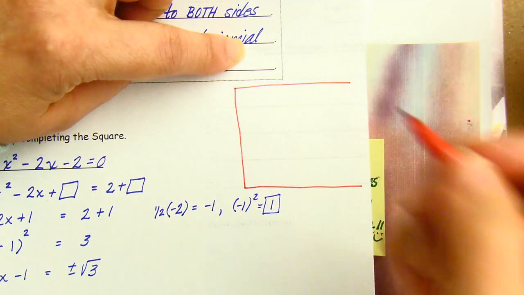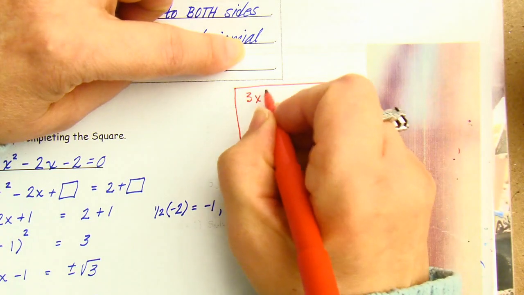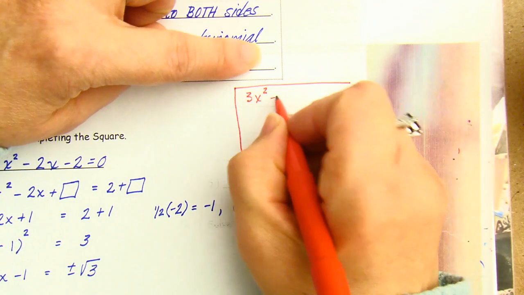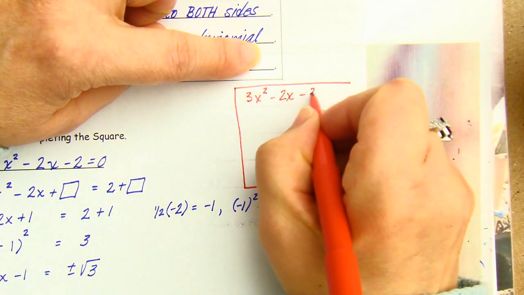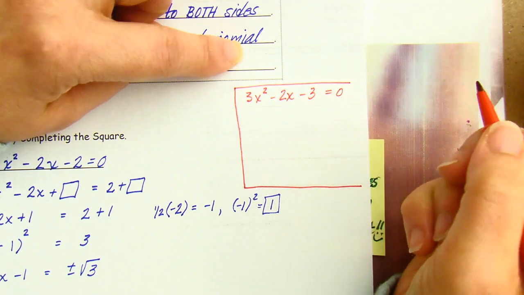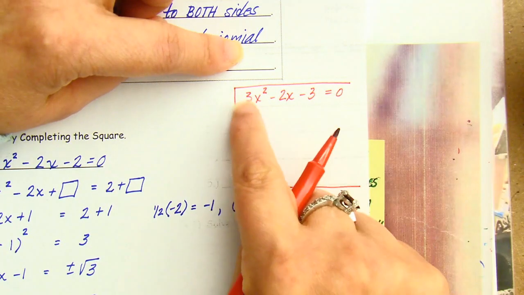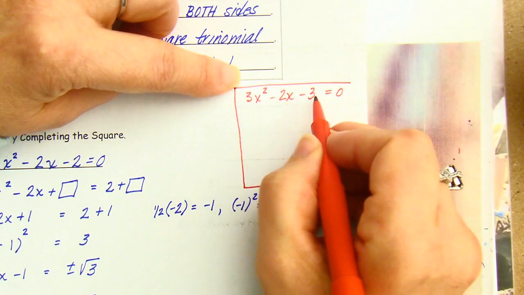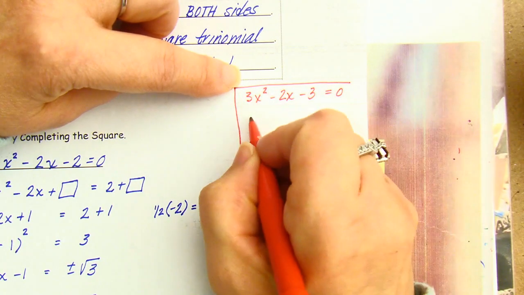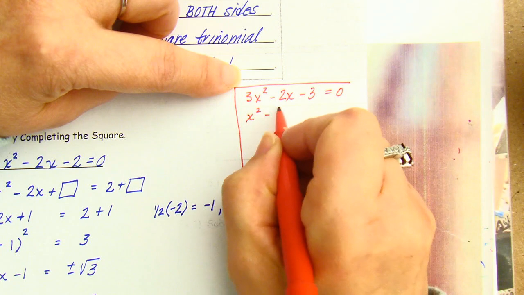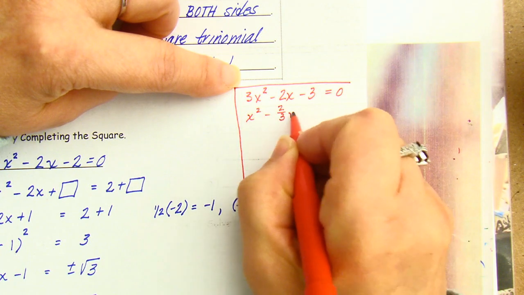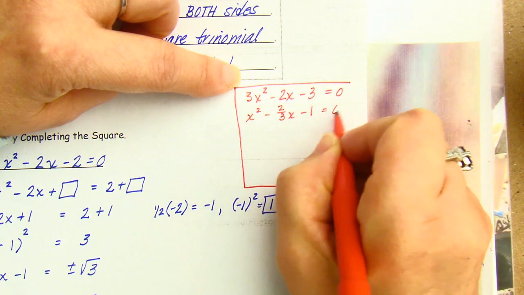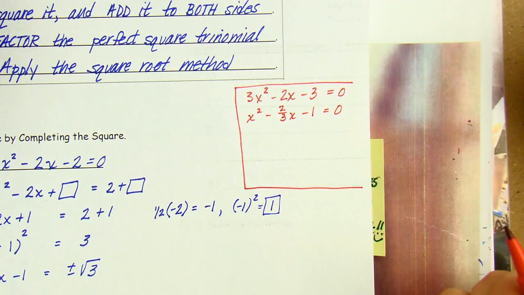So if my example were 3x squared, subtract 2x, subtract 3 equals 0, you would have to first make this become a 1. And the only way to do that is to divide by 3. But you can't just divide this by 3. You have to divide them all by 3. So this becomes x squared, subtract 2/3 x, subtract 1 equals 0. Now I have a leading coefficient of 1.